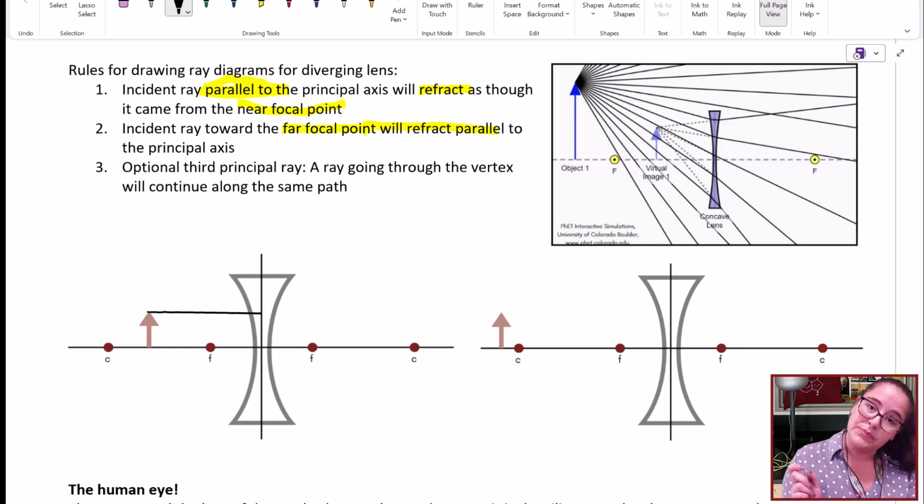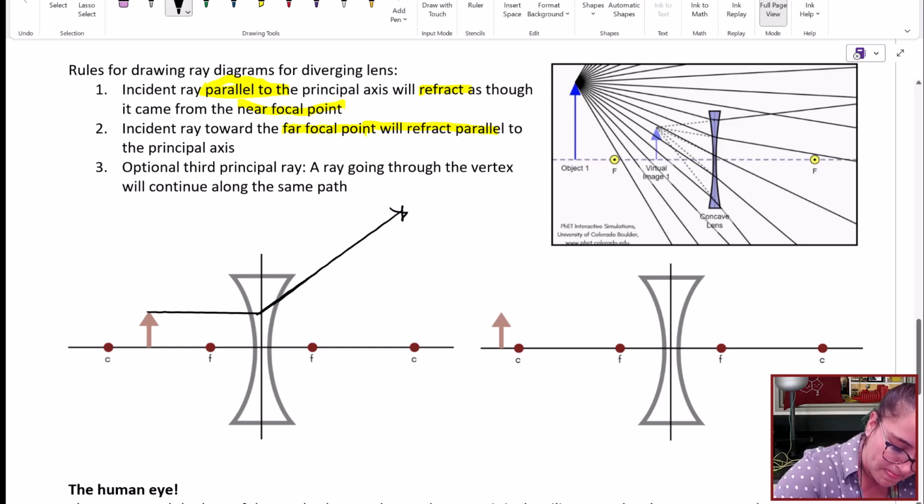So you're going to line up your ruler with where that ray hit and that near focal point and draw that refracted ray. Then for the second one, you're going to line up your arrow going toward the far focal point. Instead of going through the near one, you're going through the far one. You go toward it and then it refracts parallel.